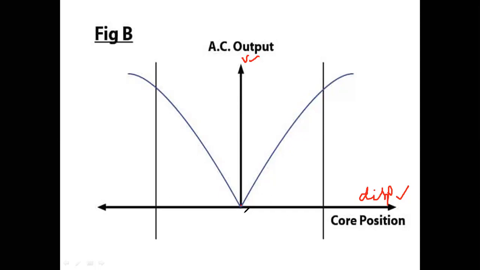So the range of the instrument is very important. Why? Because the input must be within the working range of the instrument, or I have to use an instrument which can measure the input.